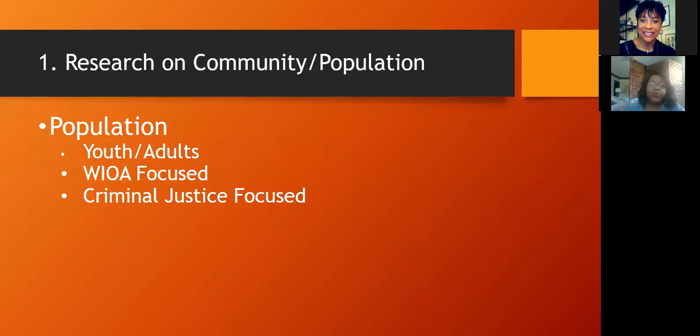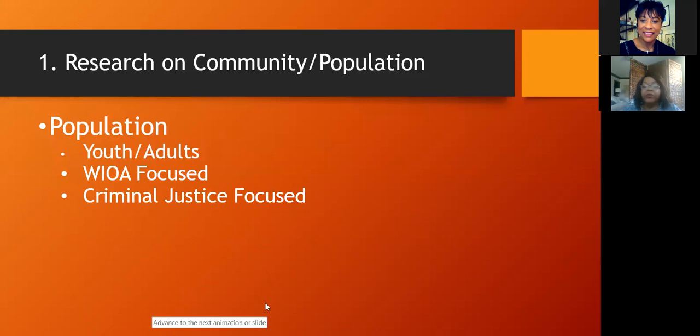But with each one of these population groups, it is extremely important that you are comprehensive in your research and your study, and you know the challenges that these individuals face, and that you also know the services that are available to these individuals. Not just human services, but some specialized programs, because that only enhances your workforce development program.